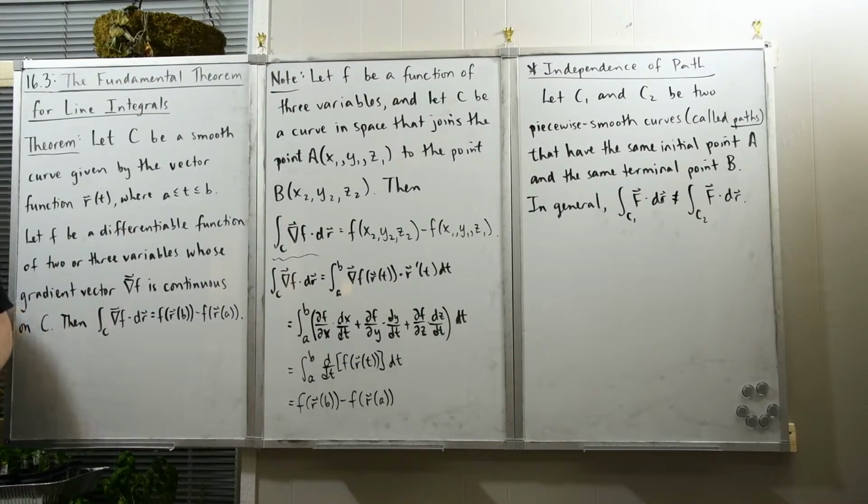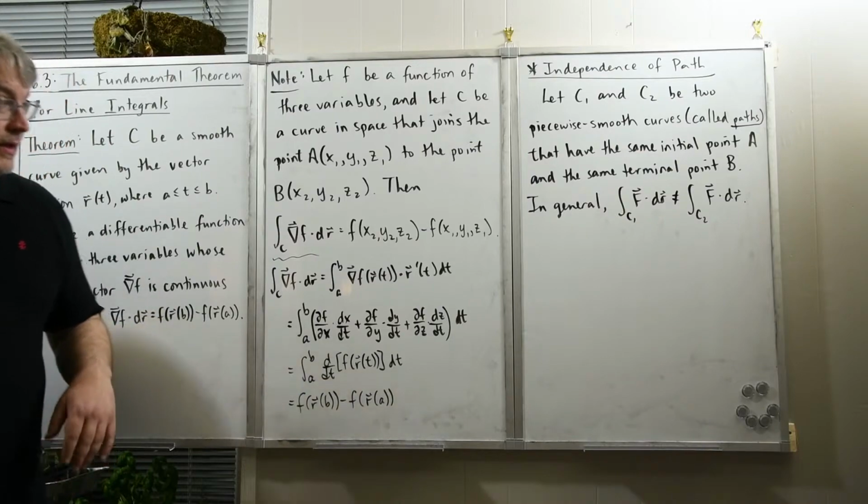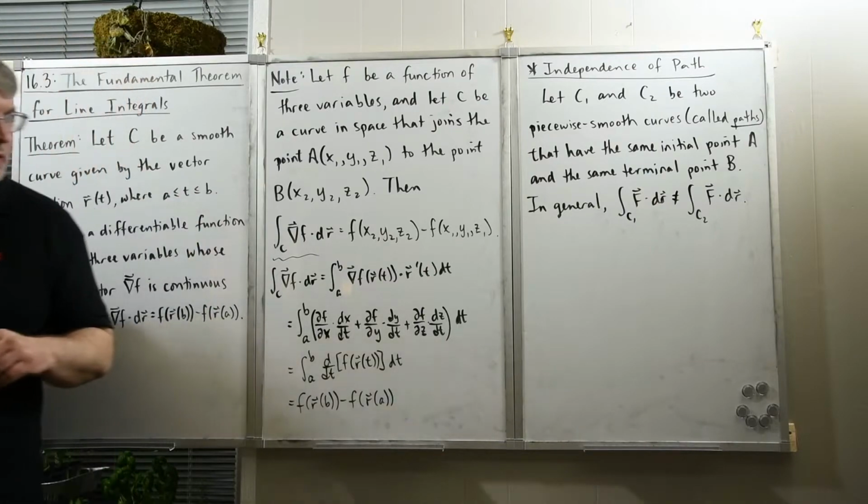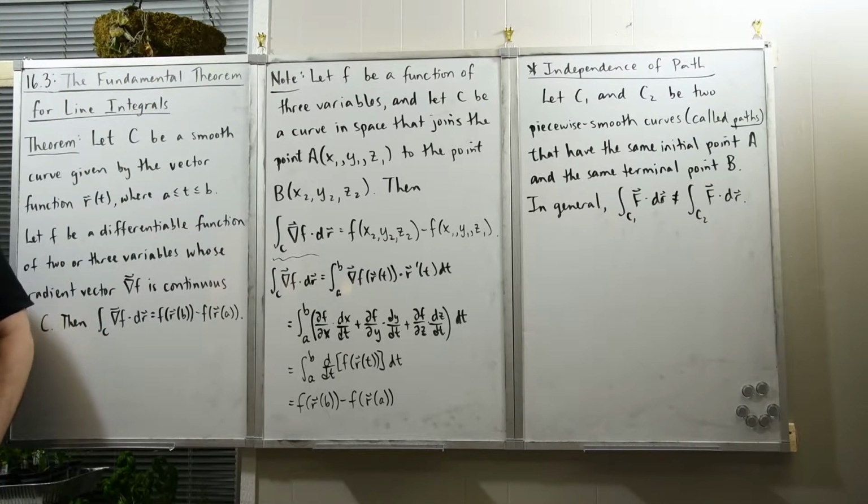In fact, we did an example in the previous section in which we had two paths, same initial points, same terminal points, but we ended up getting two completely different answers for the line integral based on the path.